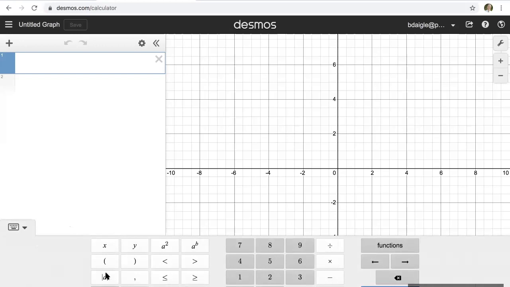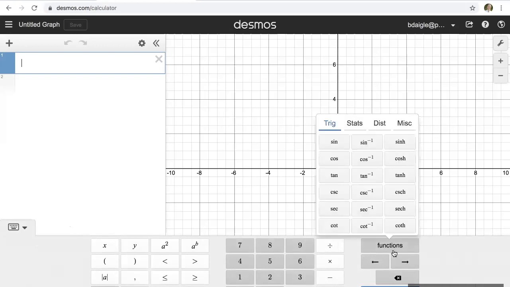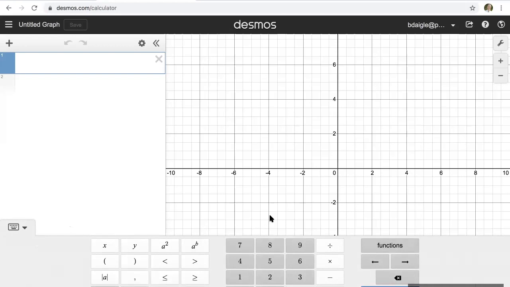And then you can also use the square function, the absolute value function. Functions over here include sine and cosine. You don't need to do others. Sine and cosine will be what we will use when we look at trigonometric functions. That's later. If you want to explore that on your own, you're welcome to do so.